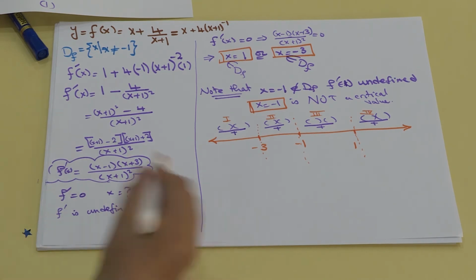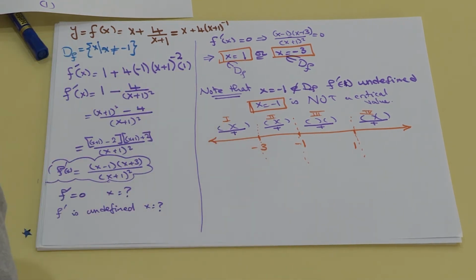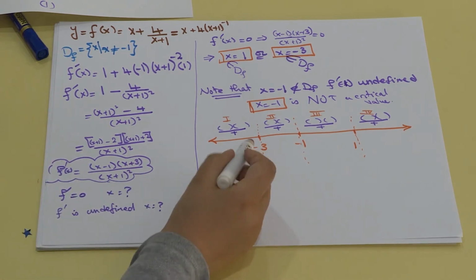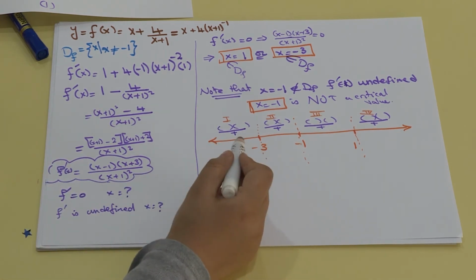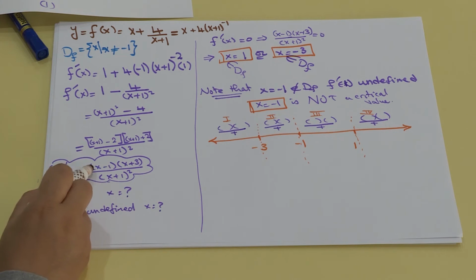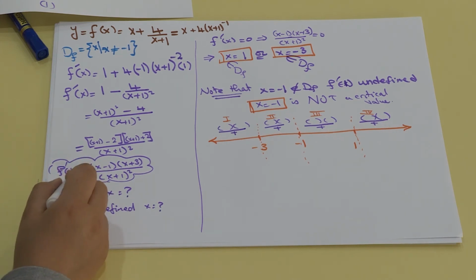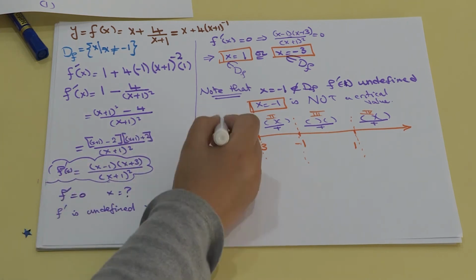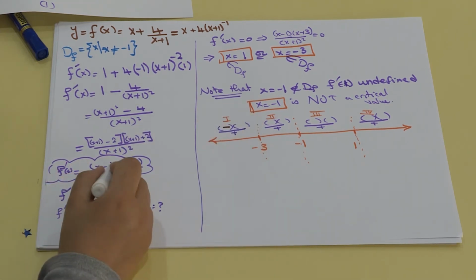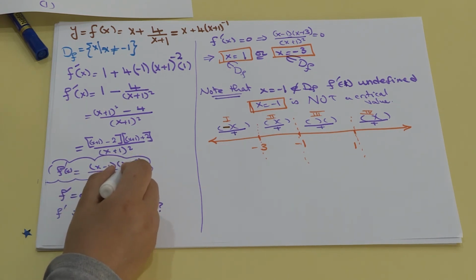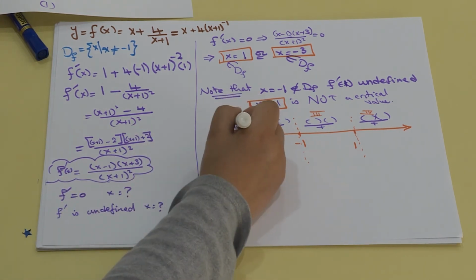So let's take any test value to the left of -3, anything which is less than -3. Can you say, for instance, -4? Yes. -5? Yes. -500? Yes. And I go to the f prime. -4 minus 1, -5 minus 1, -500 minus 1, everything is minus. -4 plus 3, -5 plus 3, or even -500 plus 3 again is minus.